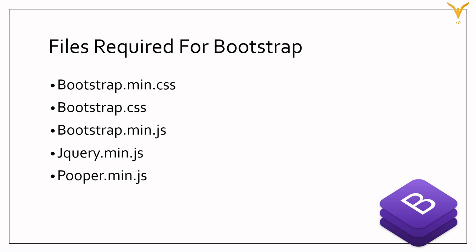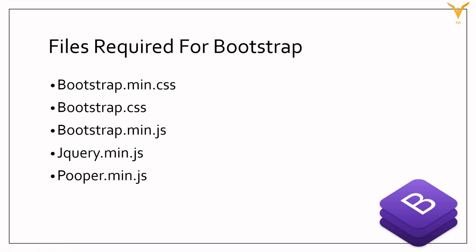First of all, I will tell you the basic difference between bootstrap.min.css and bootstrap.css. Here, min means it is a minified version of the file. The main difference is that bootstrap.css is not a minified version, whereas bootstrap.min.css is.